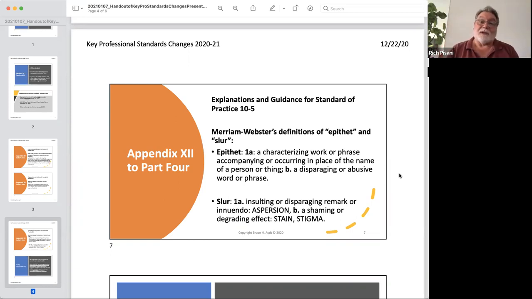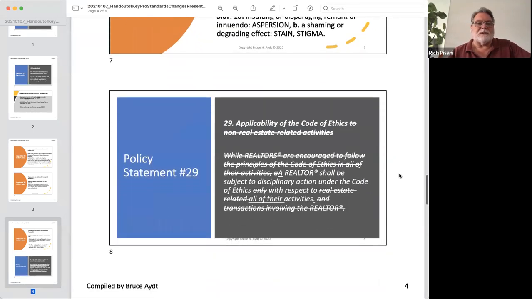You all know what I'm talking about. And a slur is defined as an insulting or disparaging remark or innuendo, aspersion, a shaming or degrading effect, a stain, or a stigma. So those are the definitions.